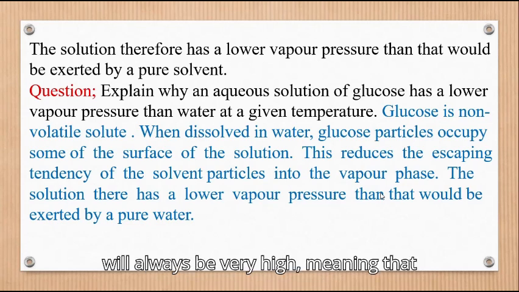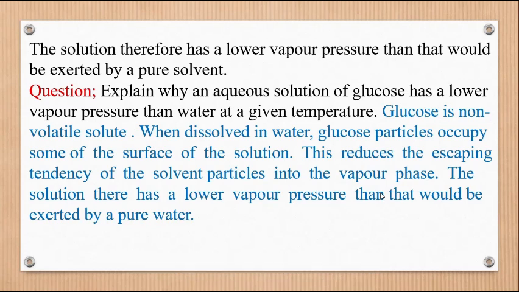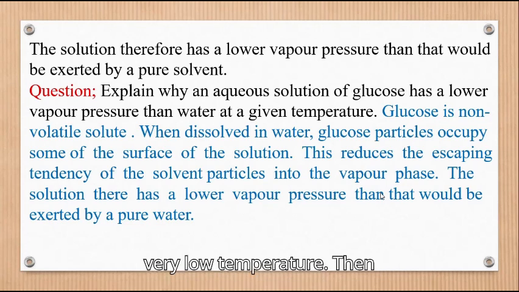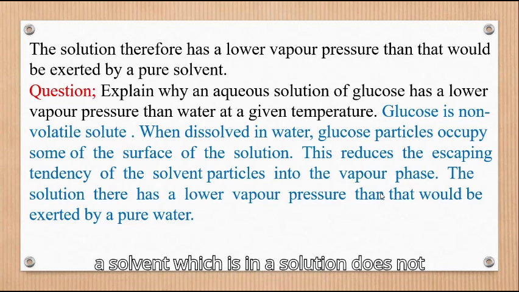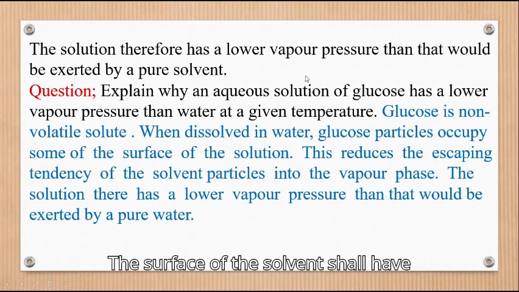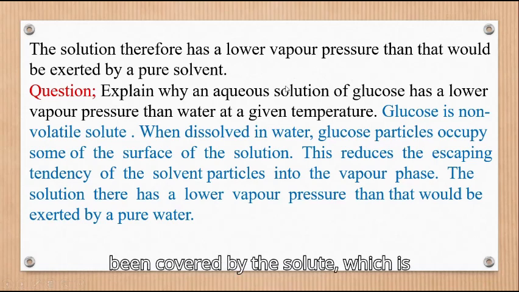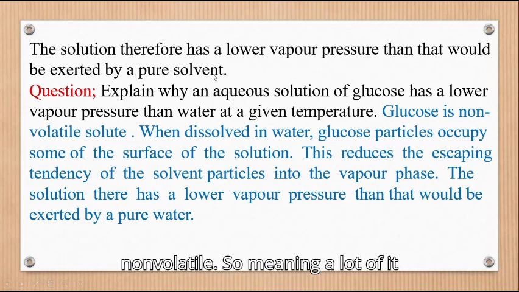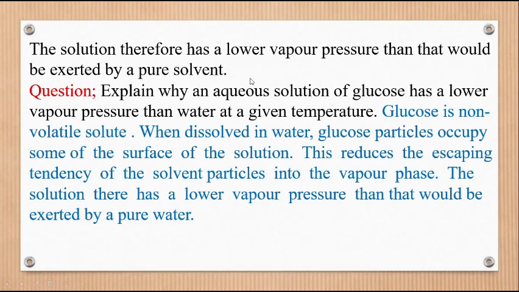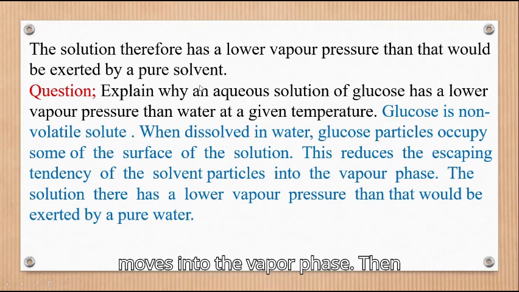So a pure solvent will always boil at a lower temperature. Then a solvent in a solution does not easily escape into the vapor phase because the surface of the solvent has been covered by the solute, which is non-volatile. So a lot of heat needs to be applied for its vapor to move into the vapor phase.